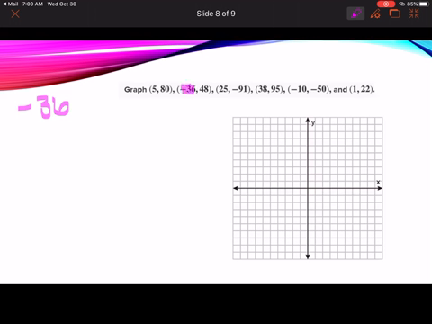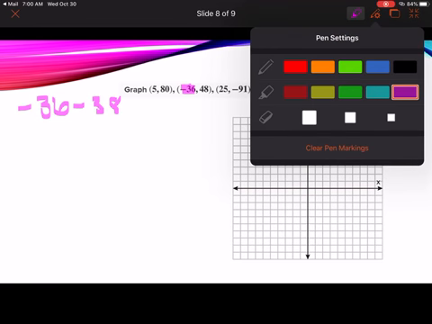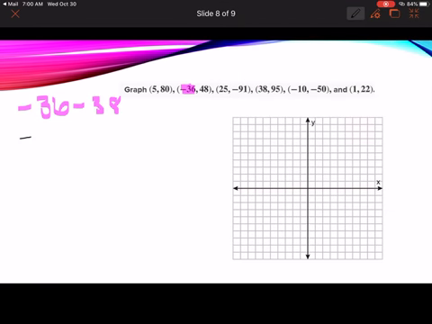And my highest x value looks like it's 38. So I am going from -36 to 38. So that probably means my scale needs to go from maybe negative 40 to 40.